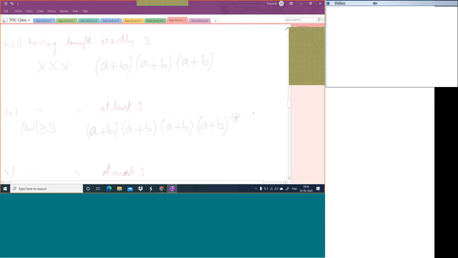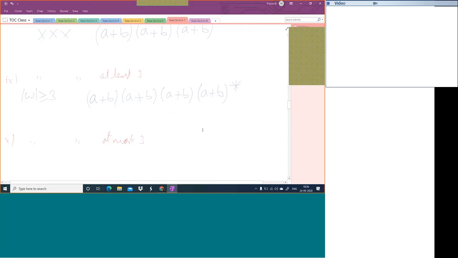Okay, this is for length at least 3. The same you can write like this also. Instead of this one, we can reduce somewhat. This is for length 1, this is for length 2, this is for length 3, whole plus. Plus means minimum one length, or you can go for more also.